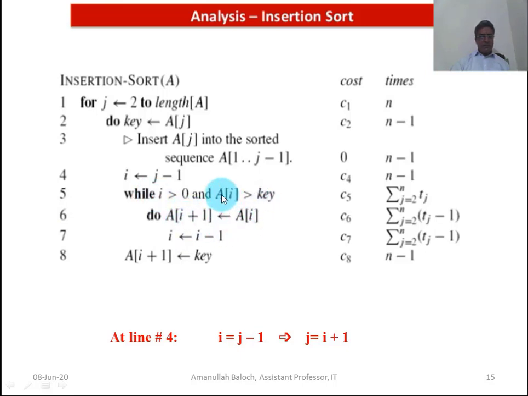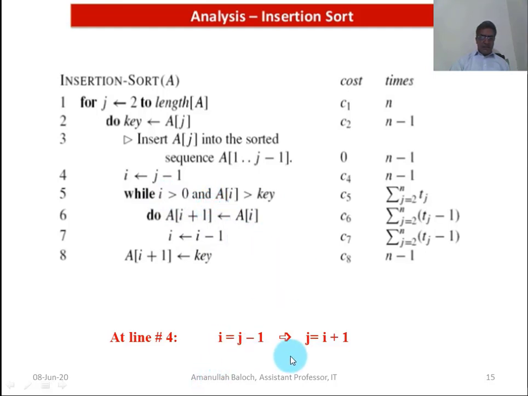This while loop will not work as a single statement, but it will execute all of its cycles as per the value of I. If I is equal to 2, 2 greater than 0, 1 greater than 0, and 0 greater than 0, no, then it will execute 2 cycles. But this condition will be tested 3 times, which we discussed in our previous slide.